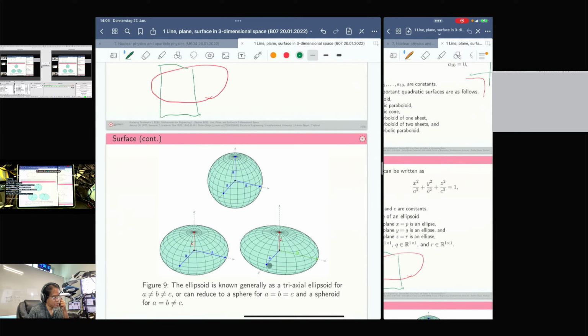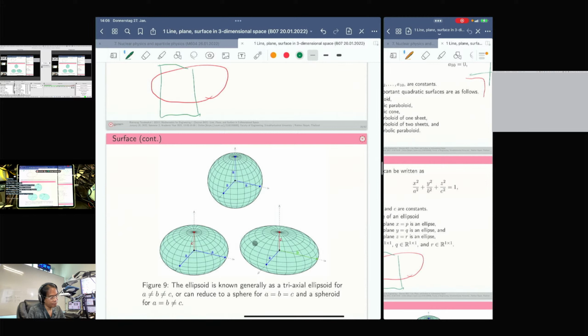And if b is greater than a, this is going to be an ellipsoid that has the longest part along the y-axis. But if a is greater than b, the ellipsoid will deviate to this direction. And if c is less than that, the height here will not be so high.